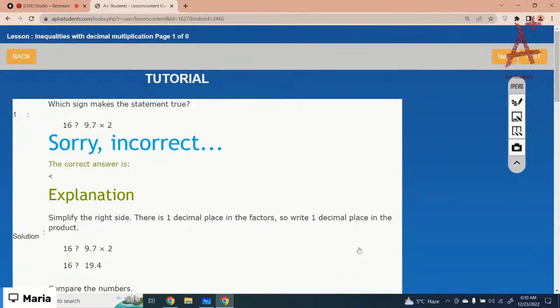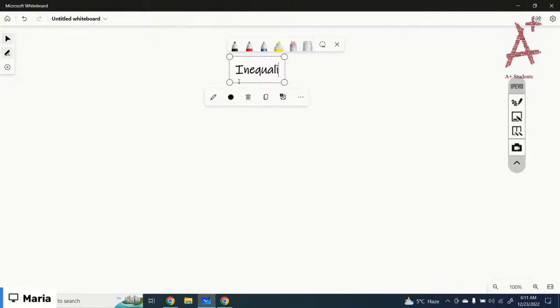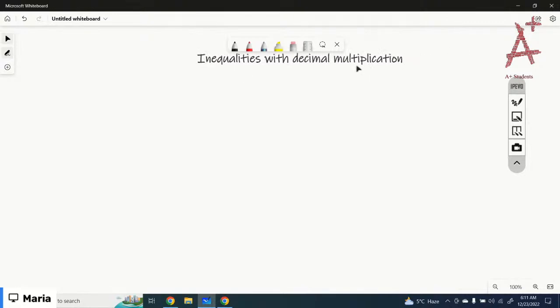Let me just write down the lesson name. Then we'll start with the examples.